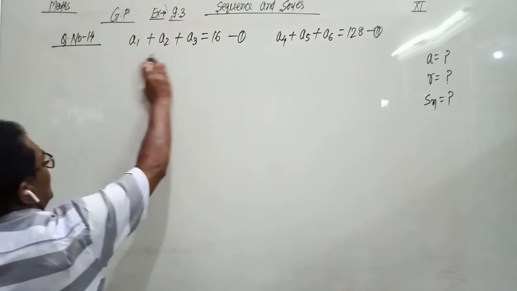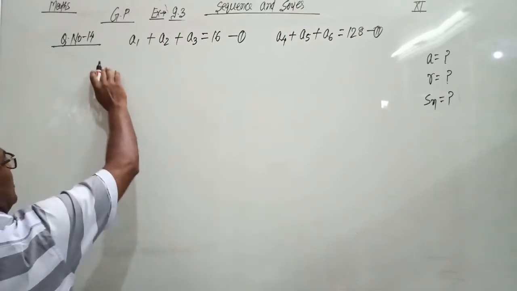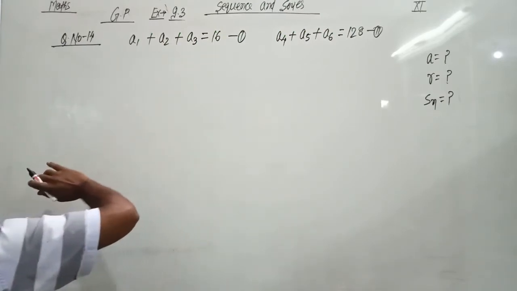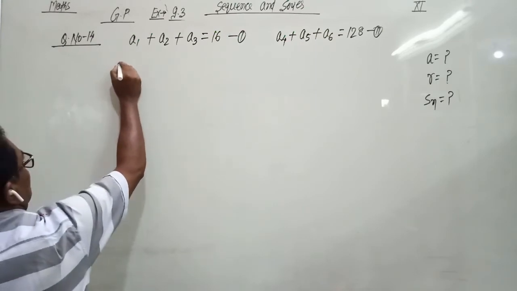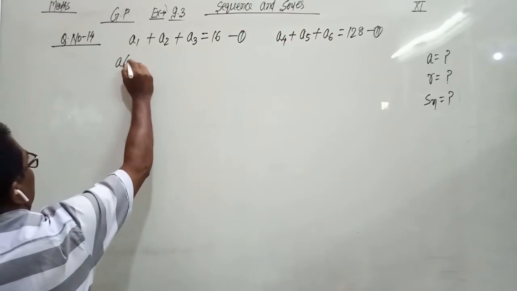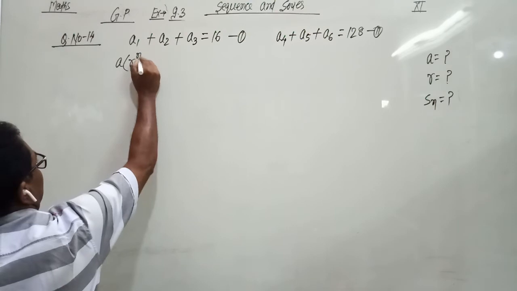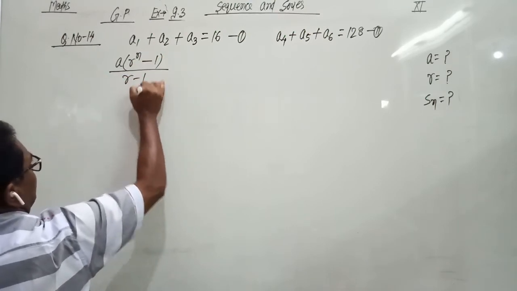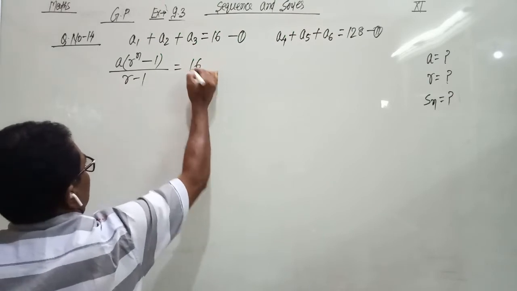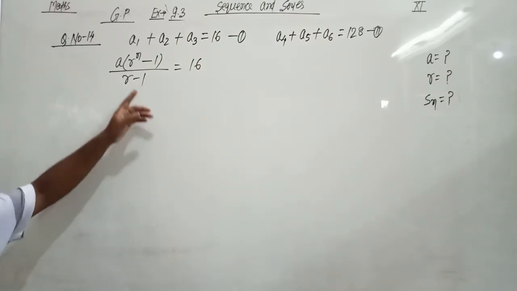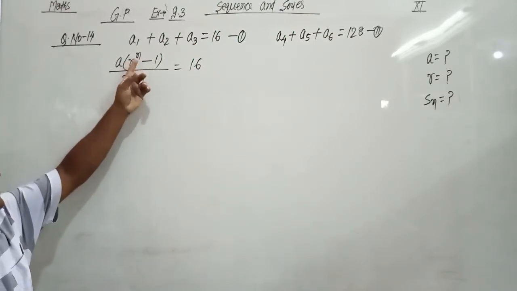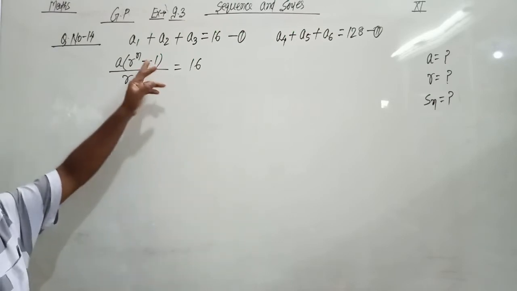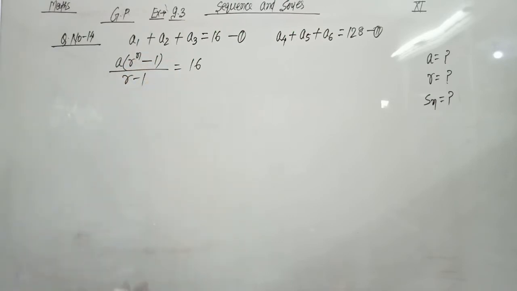We use the formula for the sum of first 3 terms. So A into R raised to the power n minus 1 upon R minus 1 equals 16. But in place of n, we use 3 because there are 3 terms.